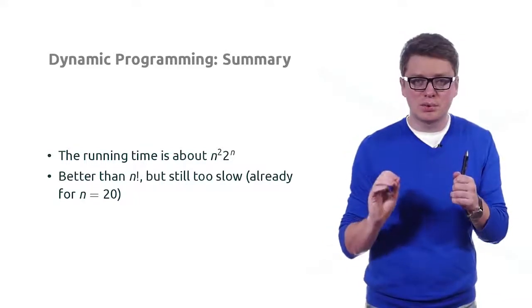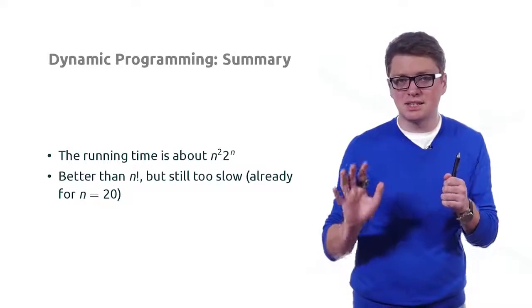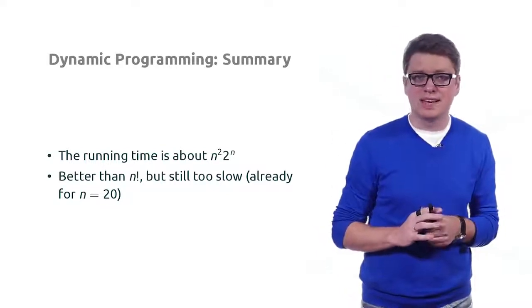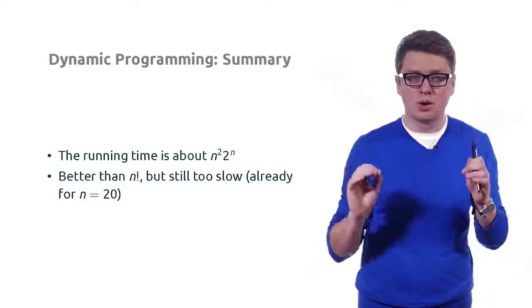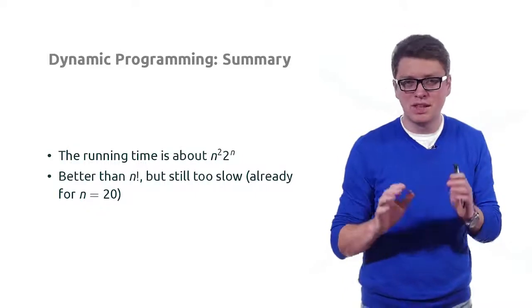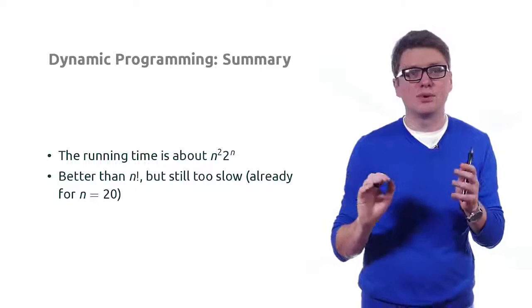Okay, so this approach just allows us to solve in practice instances consisting of, say, 15 nodes, depending on the actual implementation. So while going through all permutations is too slow already for n equal to 15, this one is okay for n equal to, say, 15 or 14.